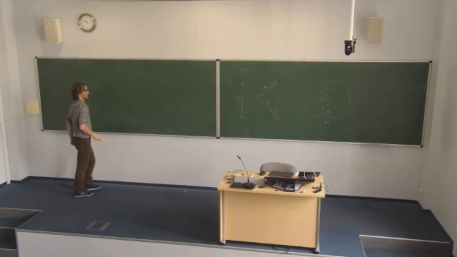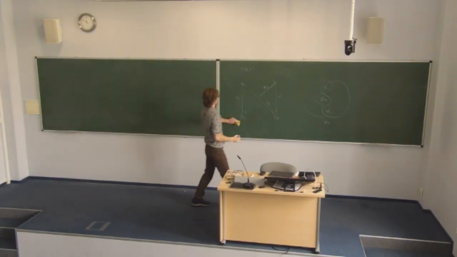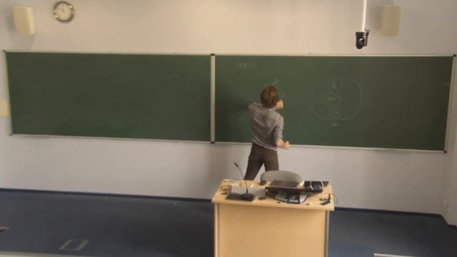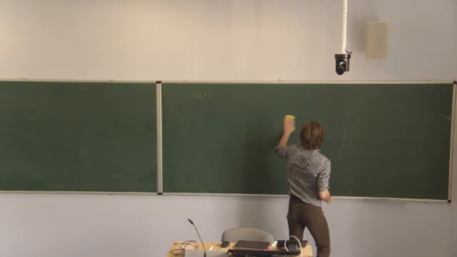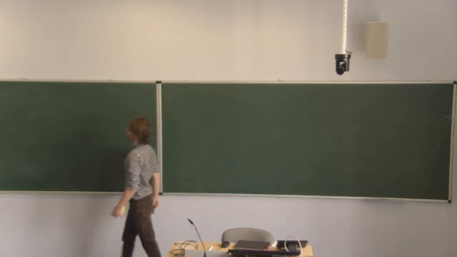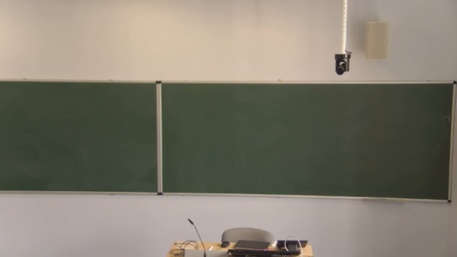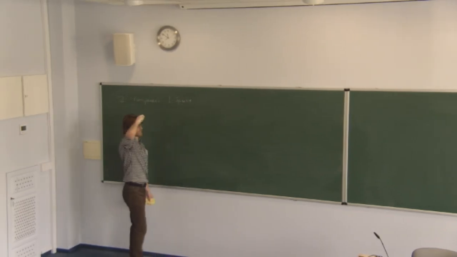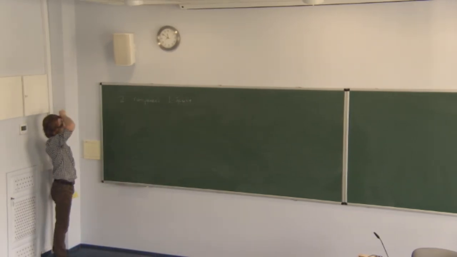I probably won't say a whole lot. I'll just tell you what the idea is very briefly. So for two-component L-space links, this is, as I mentioned, work with Heegaard, Zhou, and Darren Chen.